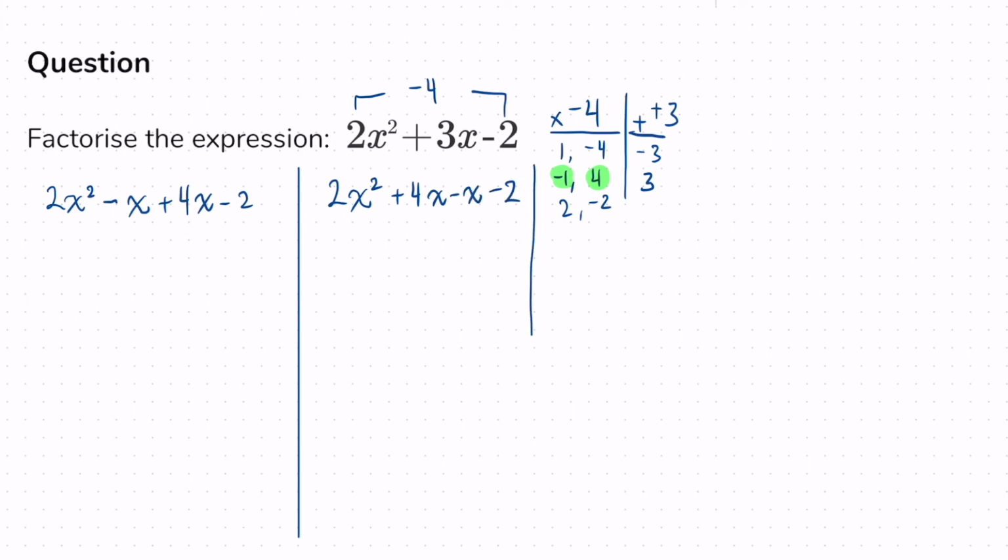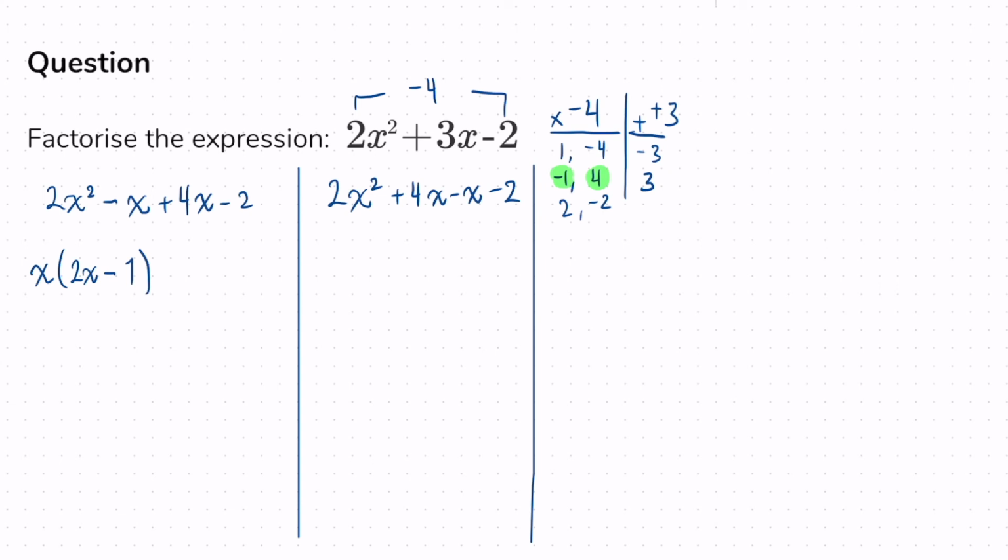I'm going to go through the one on the left-hand side and leave the one on the right-hand side for you. So 2x squared minus x, what's the common factor in these two terms? The common factor here is x. x goes into 2x squared 2x times, and it goes into minus x minus 1 times.